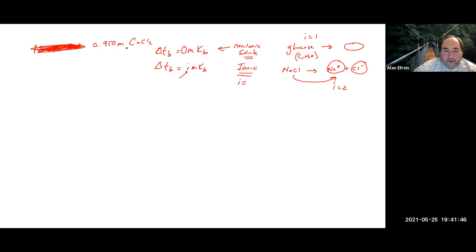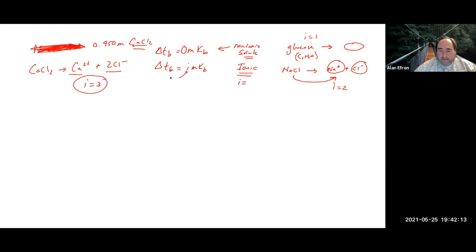First off, we would identify this as calcium chloride, which is an ionic solute, which means it is going to break apart into multiple ions. It'll break apart into one calcium ion and two chloride ions, which means i is going to equal 3 in this case.